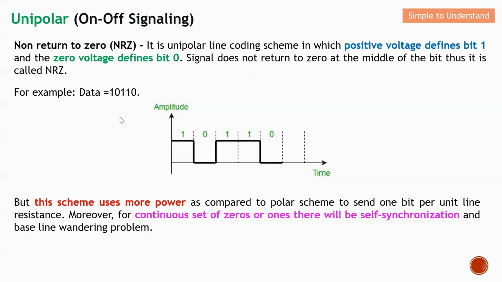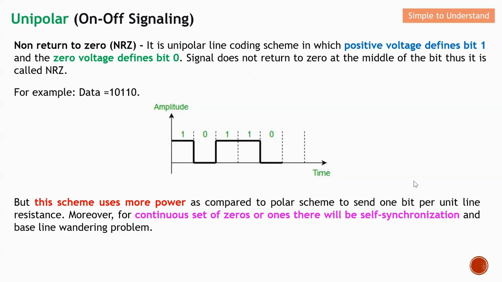I have given you a very simple understanding by this diagram of what non-return to 0 is. Coming to more information on this method, this scheme uses more power as compared to the polar scheme. As I told you, it requires a DC component and is considered quite wasteful.